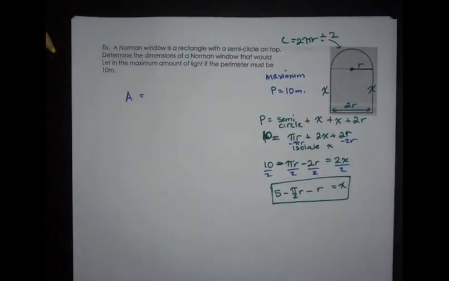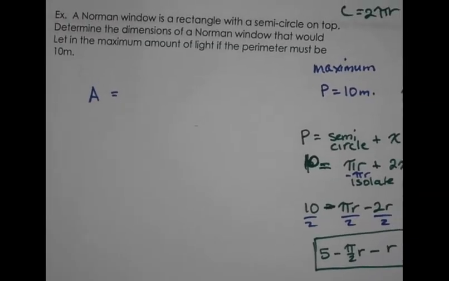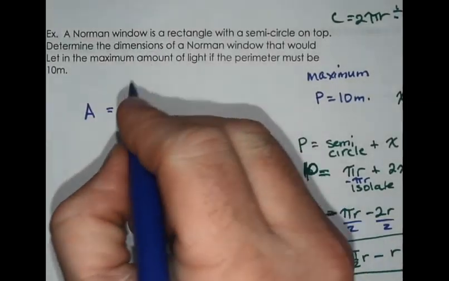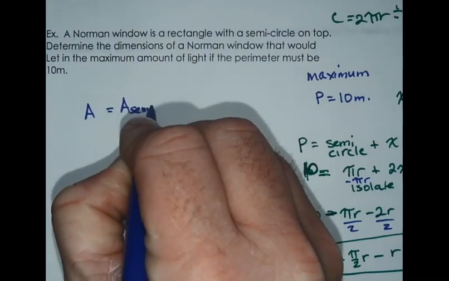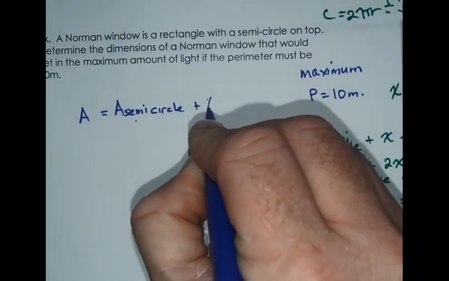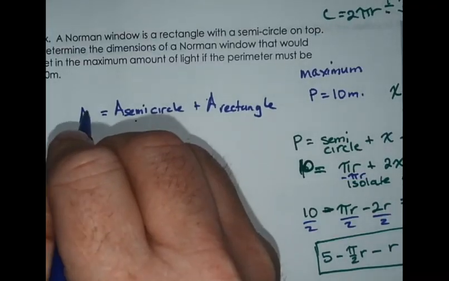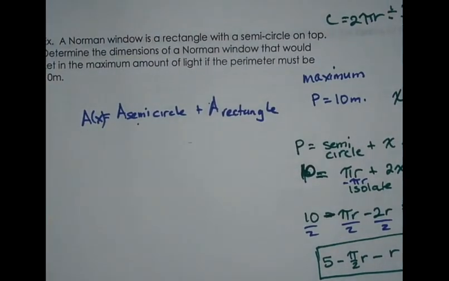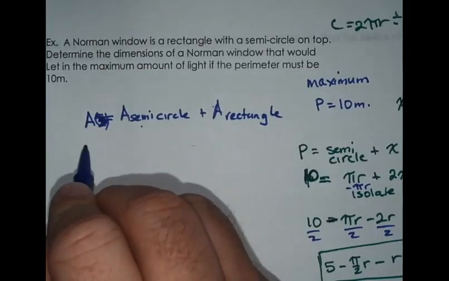All right, looking at this, we've got the area of the semicircle plus the area of the rectangle. Okay, and we will relate this to x eventually.